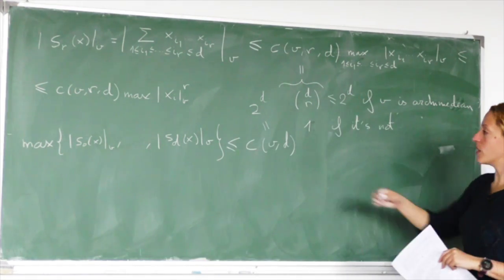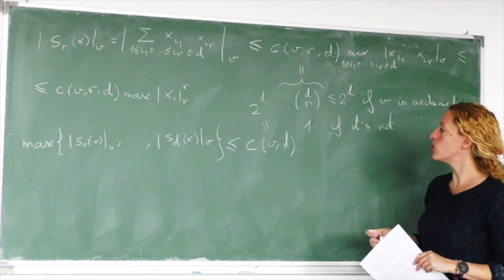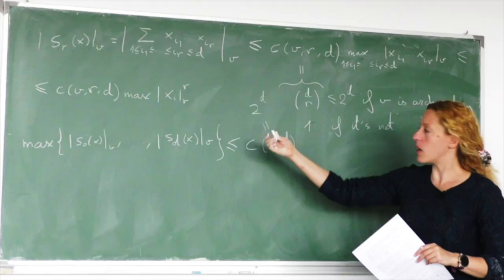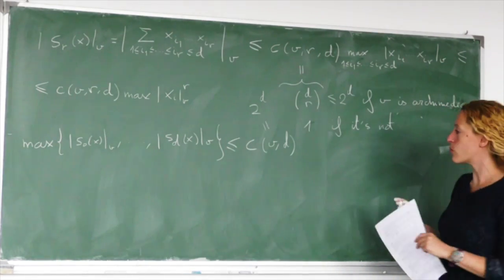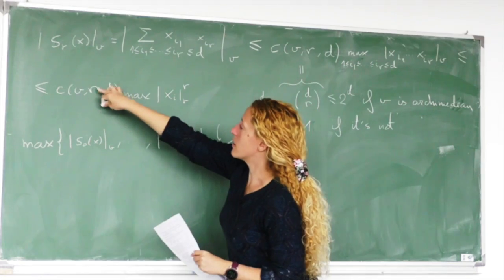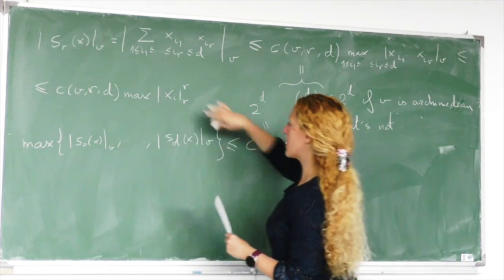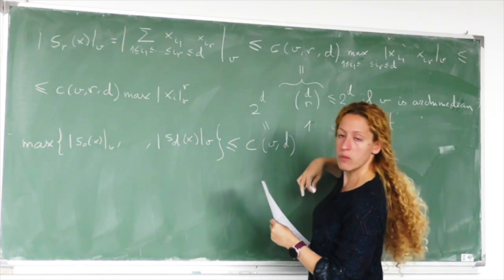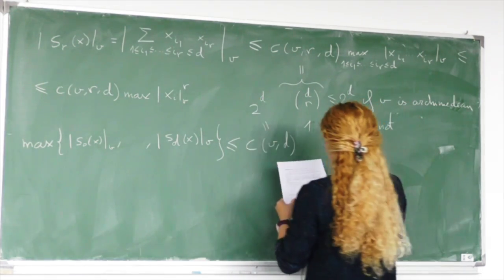In this way, it doesn't depend on v and it doesn't depend on r. If v is non-Archimedean, I could take a 1. But this 2 to the d works always. So this is smaller or equal than this constant times the maximum of those things. Here the maximum is when r is equal to d, that is the greatest exponent that I have.